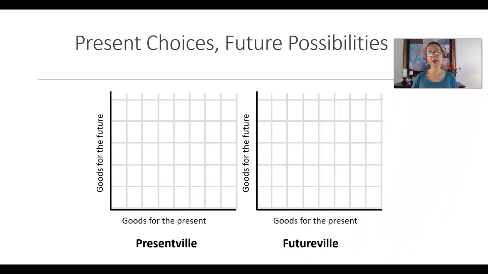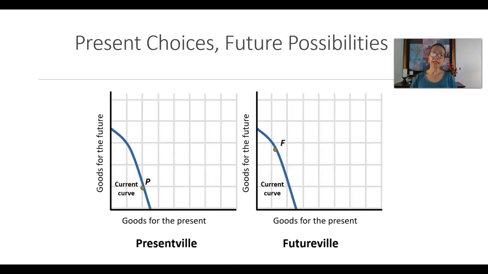Often when we're looking at economic growth, we look at where a society is making its choices. So here we have an example of two economies, Presentville and Futureville. And we have two possible allocations of resources, goods for the future and goods for the present.